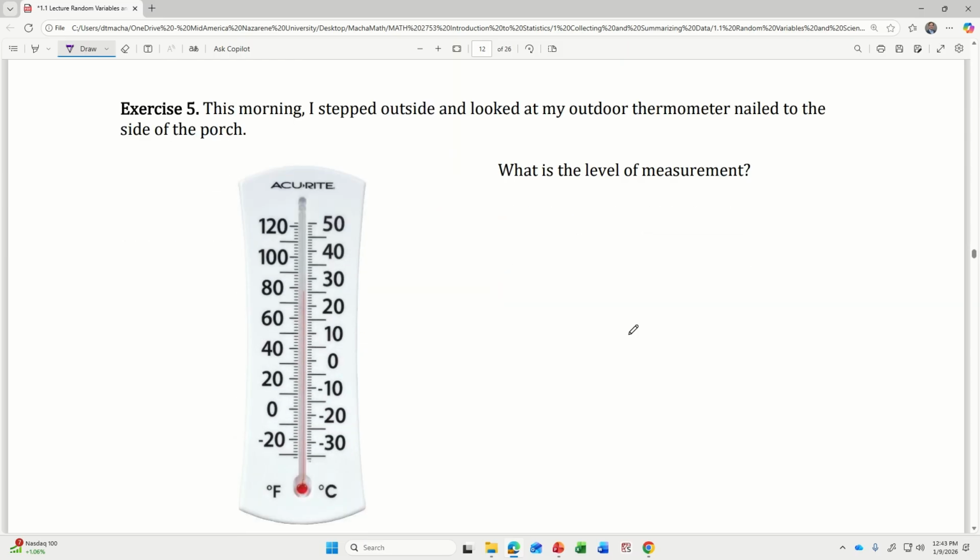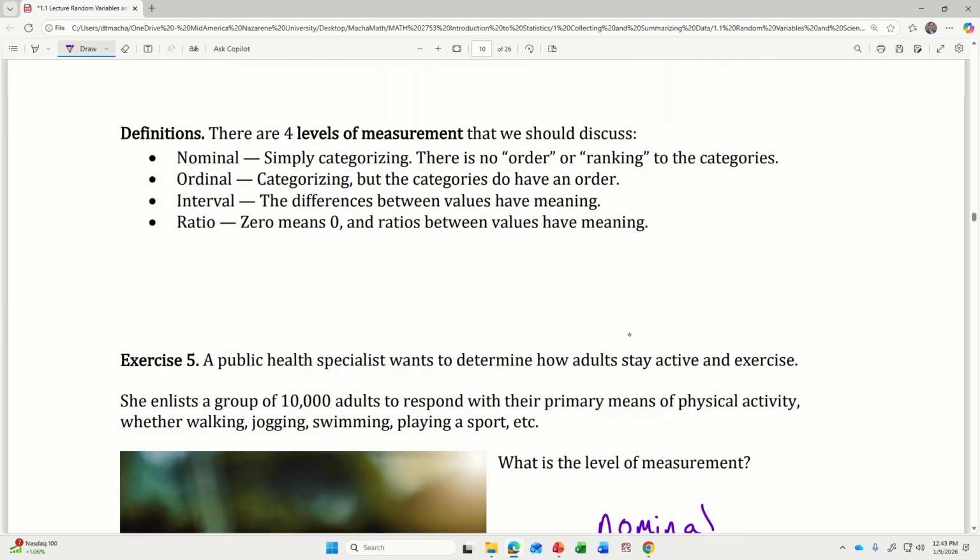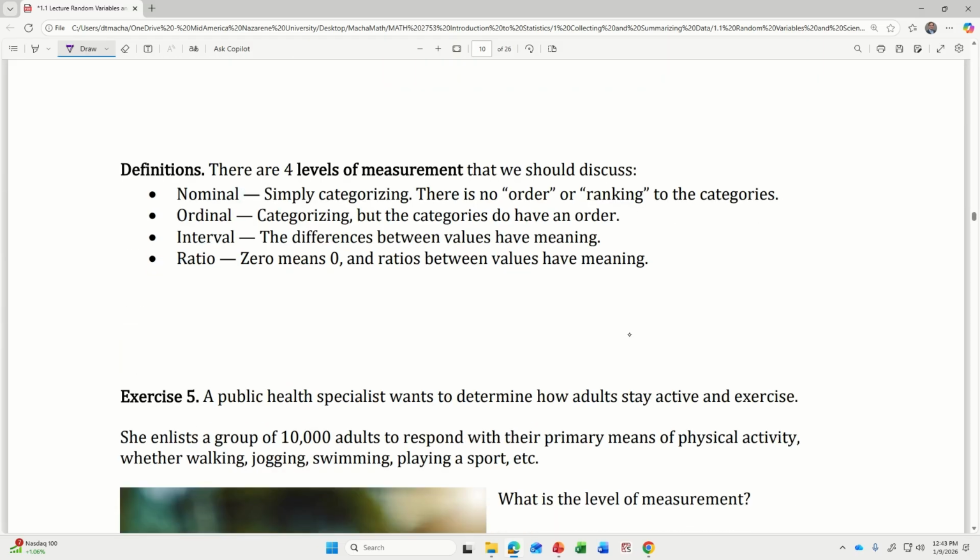If I step outside and look at my outdoor thermometer, what's the level of measurement for this random variable? This is interval. It's not ratio. It is an interval level of measurement. And let's go back to the definition here.